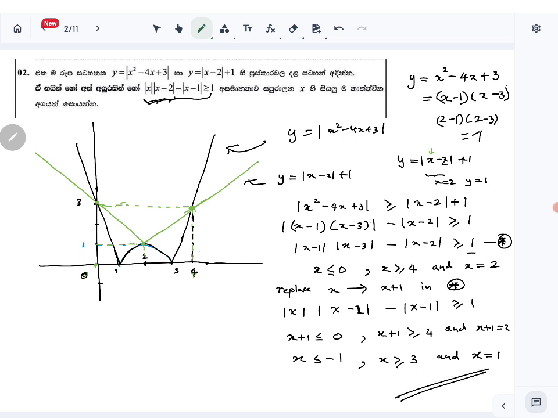So that is the final answer for this question. Right. So this one you have to first write it in this form and use our graph to get the answer for that inequality. Then use a substitution to get the given inequality, and we get the answer for the given inequality. Right.